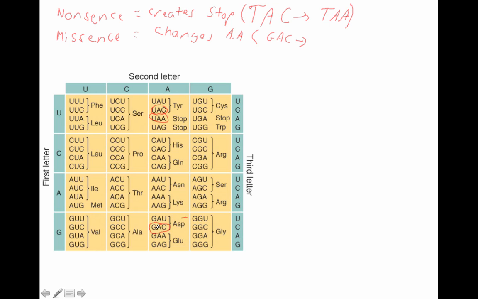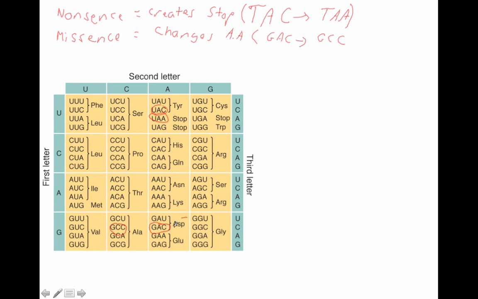So we replace that A, substitute that A for a C. So now we go from a GAC to a GCC. And I can tell you, and again, you don't need to know this part for the exam, but alanine is non-charged. It's a non-polar amino acid. So if you think about this, we've made this amino acid less charged.